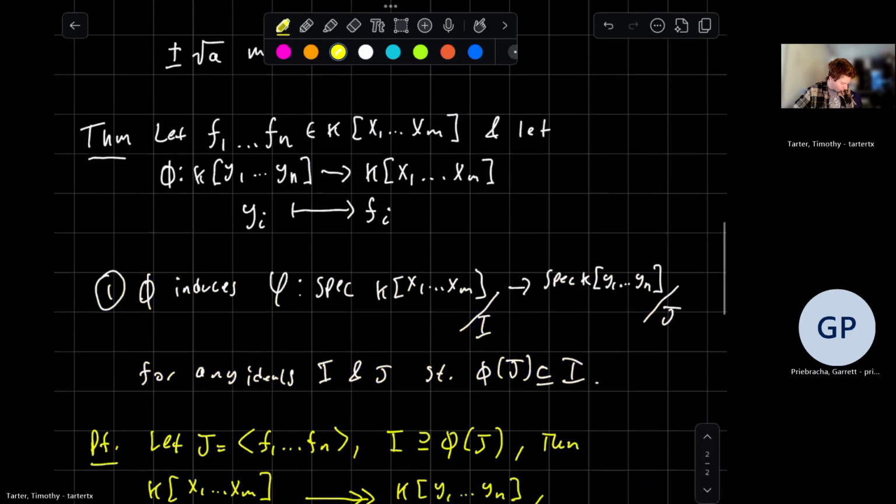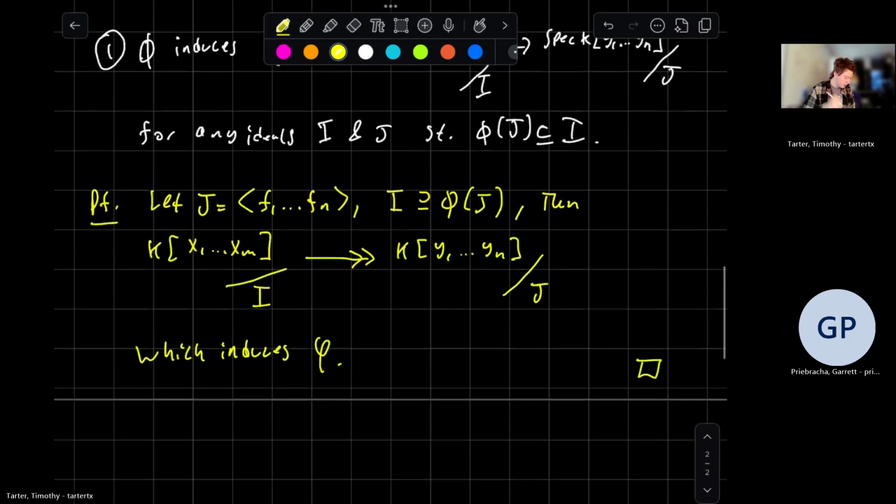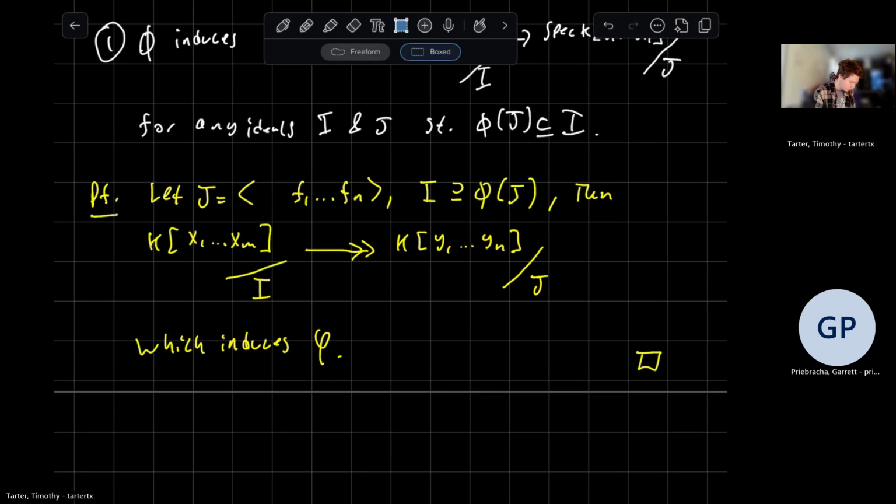Oh, I just realized that this needs to be phi inverse of F1. And it doesn't have to be prime.